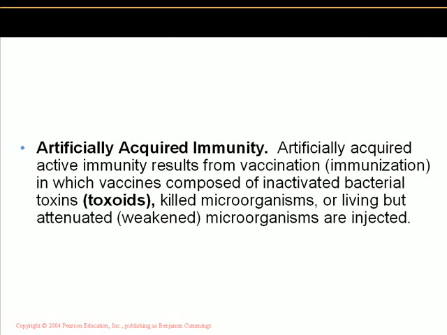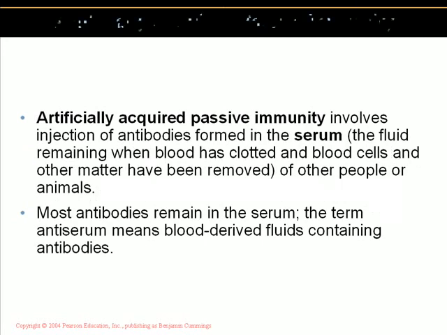Or we can kill the microorganism, sterilize it, and inject it, and you can still have a vaccine. So typically, either we give a little part of the microorganism's coating, or a killed microorganism, or a weakened microorganism, all of which is a form of immunization that will produce an artificially acquired type of immunity by our body.